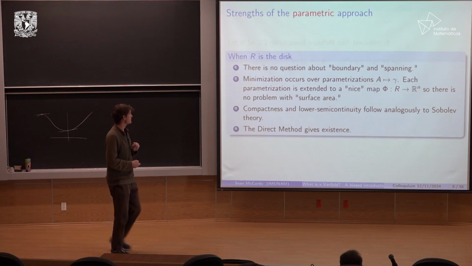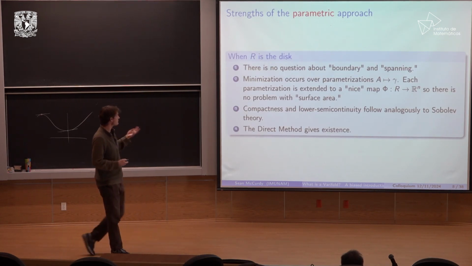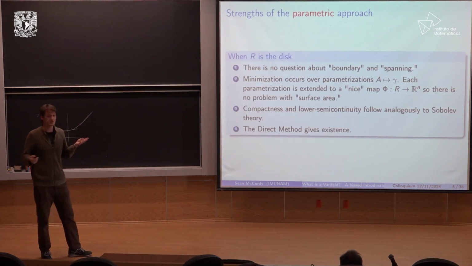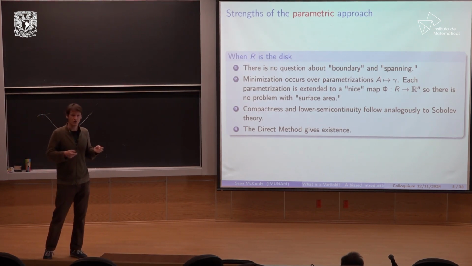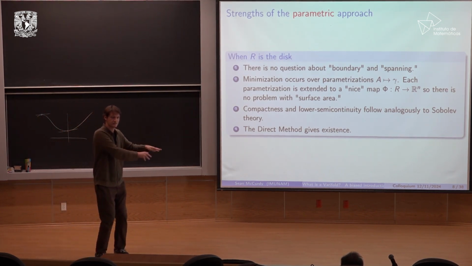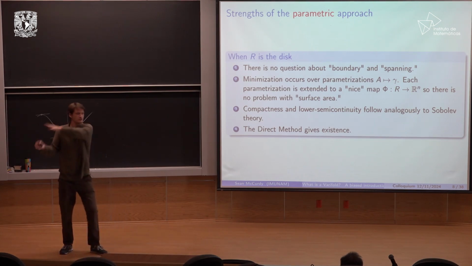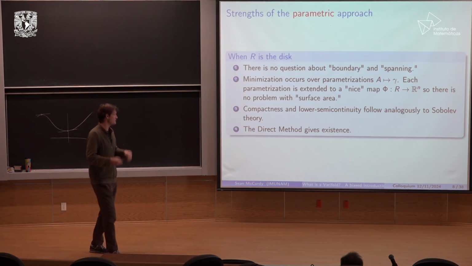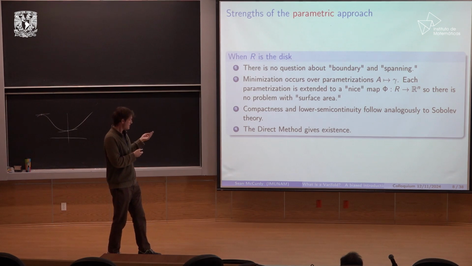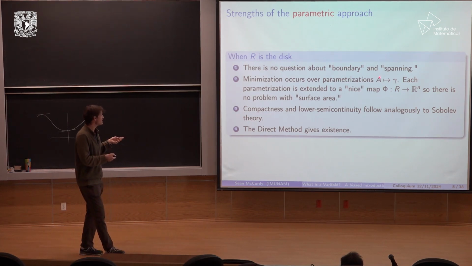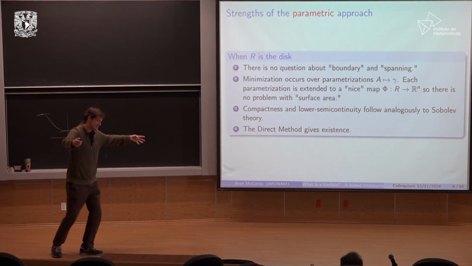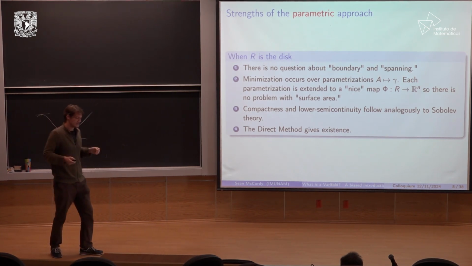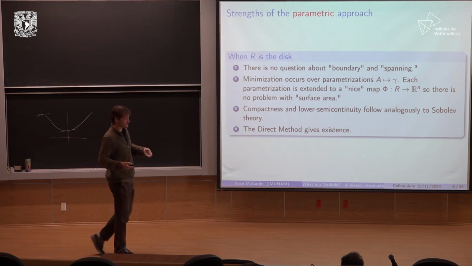That's the setup. And this has a lot of strengths. There's a lot of beauty to it. One, there's no question about what the boundary means or what spanning means. We have a nice manifold. Its boundary is mapped to the boundary. Naturally, in the image, the curve is spanned by the image of the manifold. Minimization actually occurs over parameterizations of the boundary and then extended inside to an even nicer map.